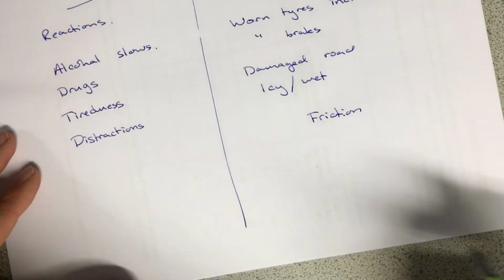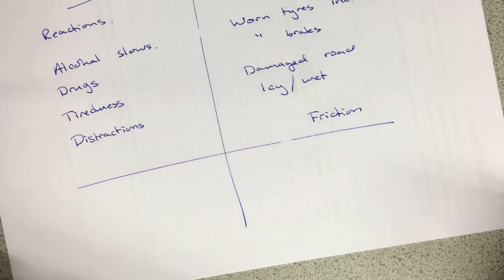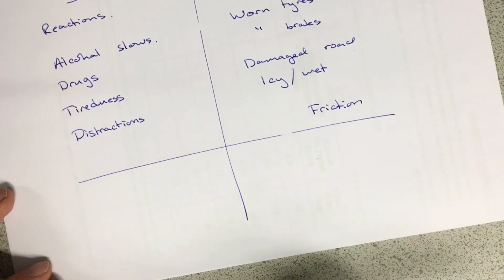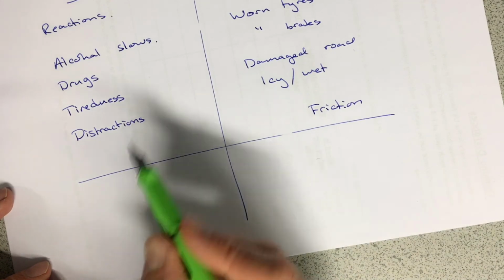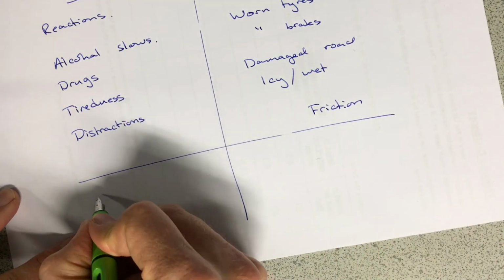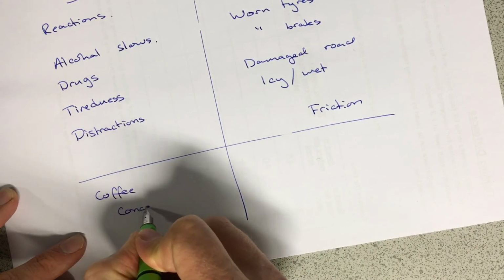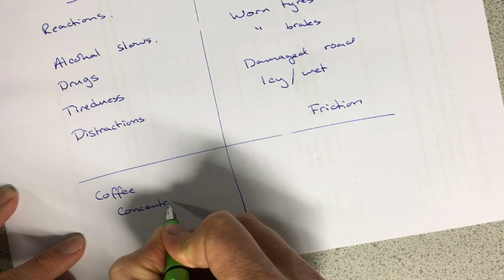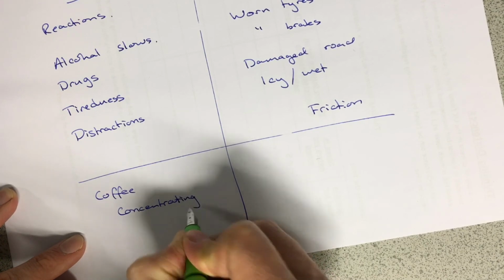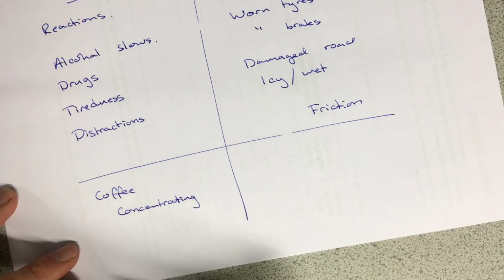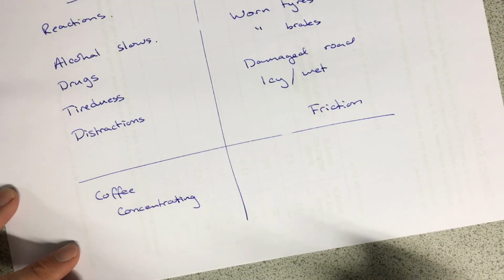So you might get a real twist in an exam question where they ask you what would shorten the thinking distance, and maybe having a cup of coffee or concentrating. We quite often see road signs put up in places where we know there are lots of hazards. They increase driver concentration.